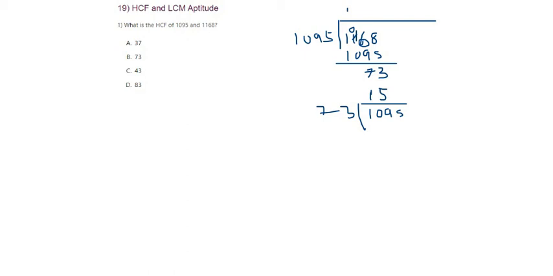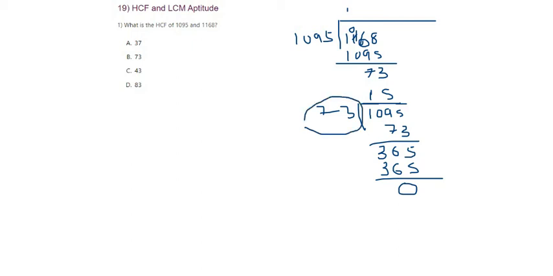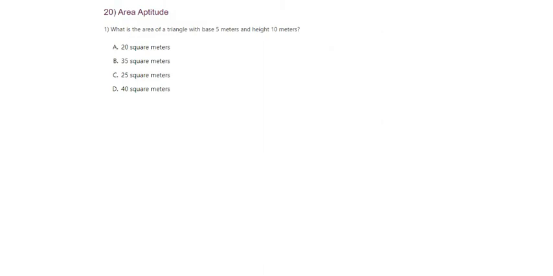Oh, sorry, it's not 15, we can take it slowly. 73 ones are 73. When you divide, you get 365, and 73 fives are 365, which is 0. Henceforth, your highest common factor is 73, which you already got.